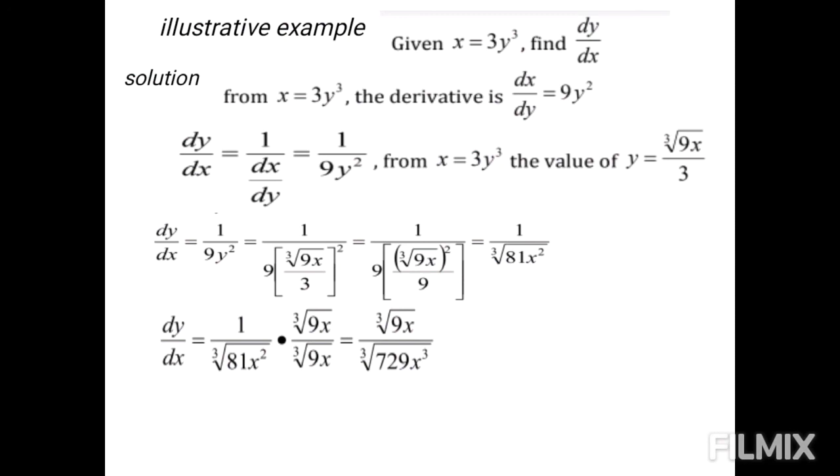Then cube root of 81x squared times cube root of 9x is cube root of 729x cubed. And when we get the cube root of 729x cubed, the answer will be 9x. That's why in simplest form, the derivative is equal to cube root of 9x over 9x.